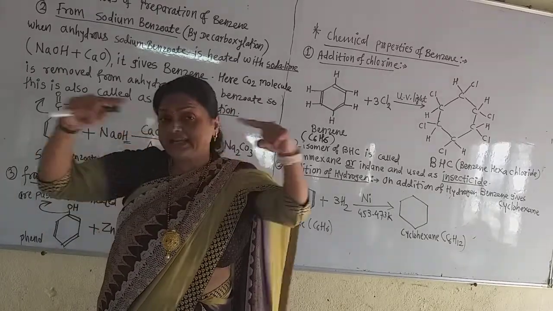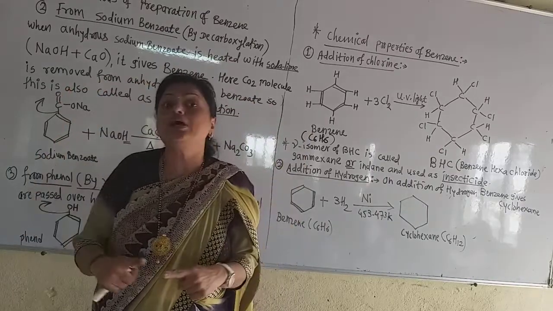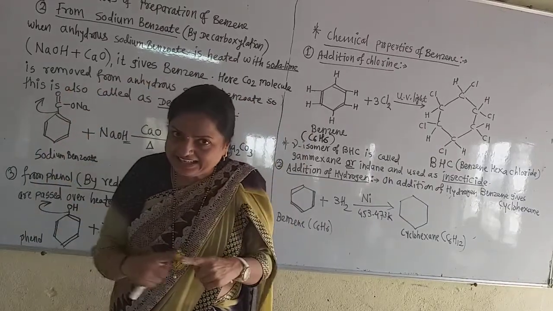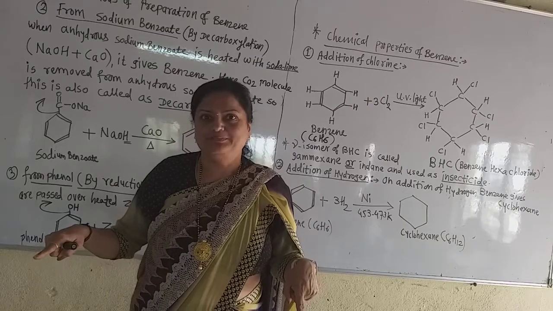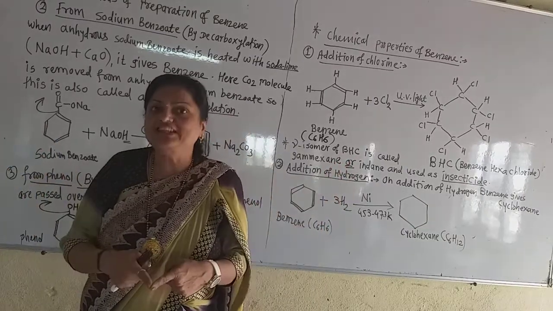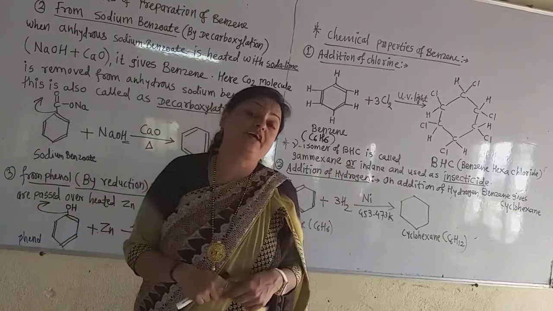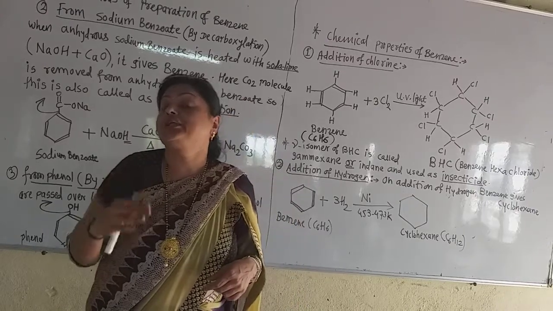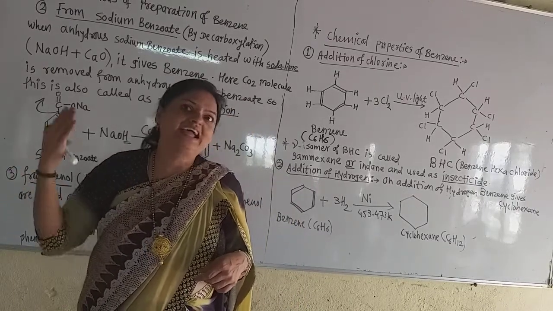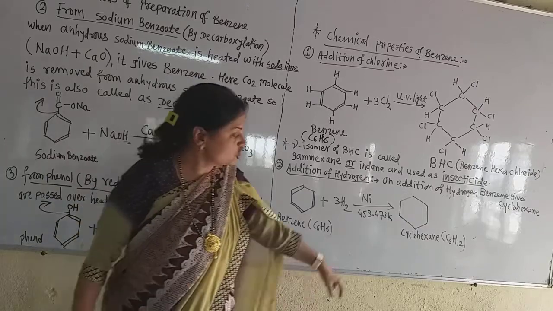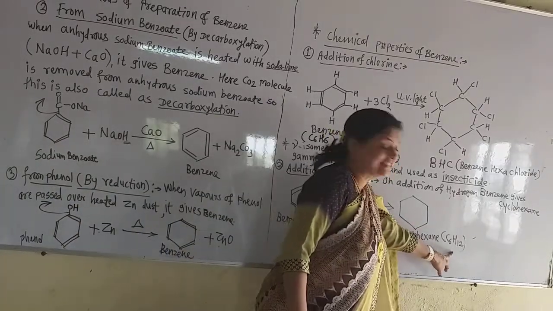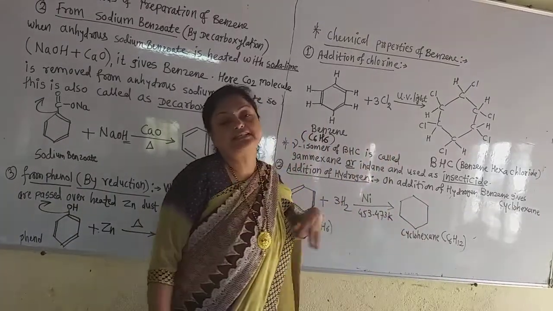But when n-hexane is converted into cyclohexane, what happens? Again the ending carbons lose 1 hydrogen each. There are 3 hydrogens, but when they join to each other, they lose 1 hydrogen atom. That means cyclohexane has 2 hydrogen atoms less than n-hexane. So the molecular formula is C6H12, and this is called cyclohexane.